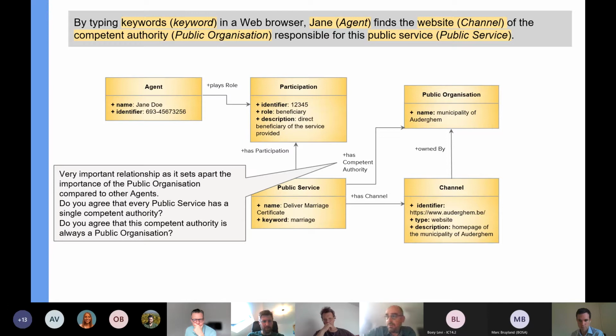If I go back to the building permits, or let me take another example: paying taxes. You will have some federal taxes, and then communes or provinces will add taxes to that, and they will be specific.